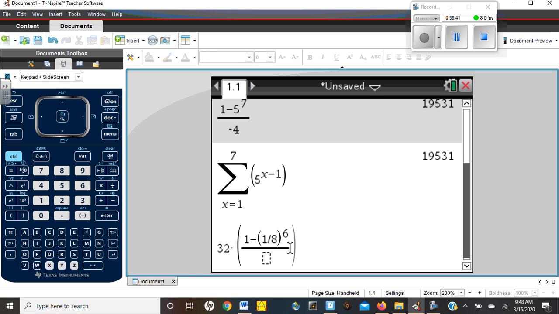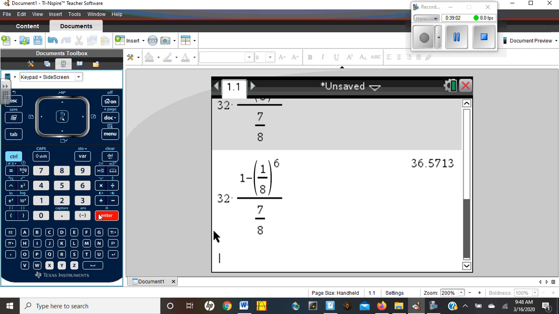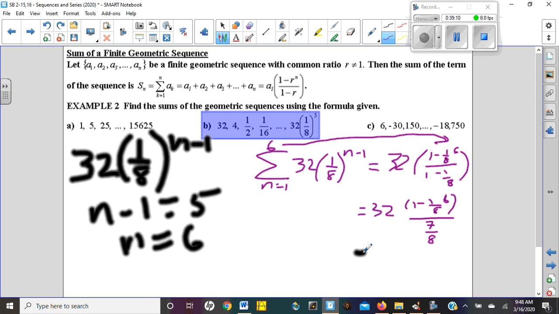And down below, you could either write 1 minus 1/8, or because we know 1 minus 1/8 is 7/8, you could just write 7/8. But when we hit enter, it'll give us the answer. Now, this is in an exact fractional form, so that would be fine. But you could certainly also get a 3 decimal approximation by using your approximation button. So 36.571 is our approximate value.